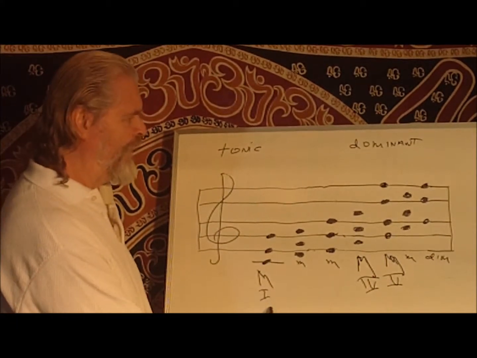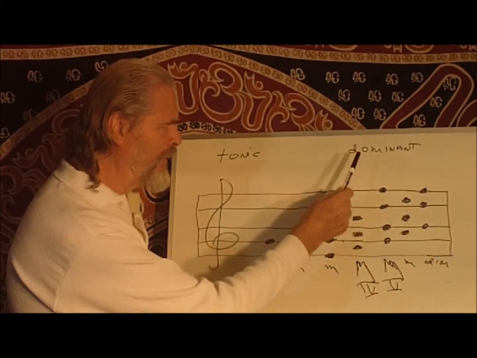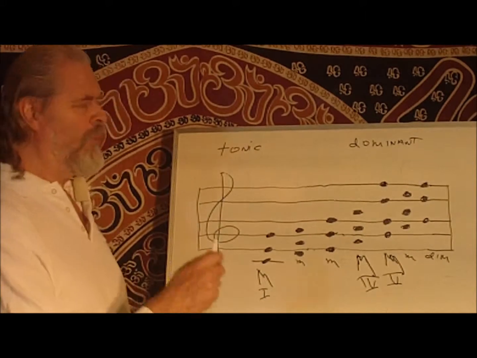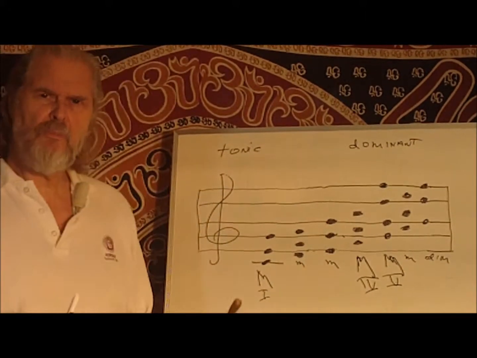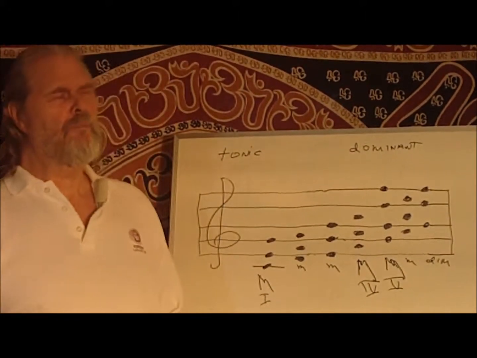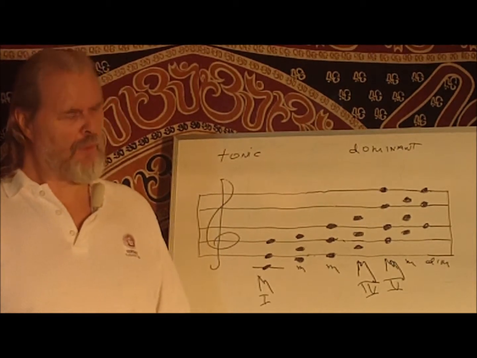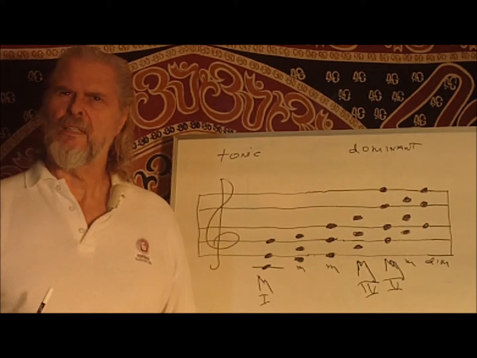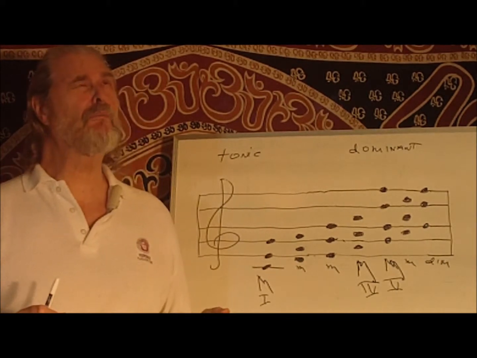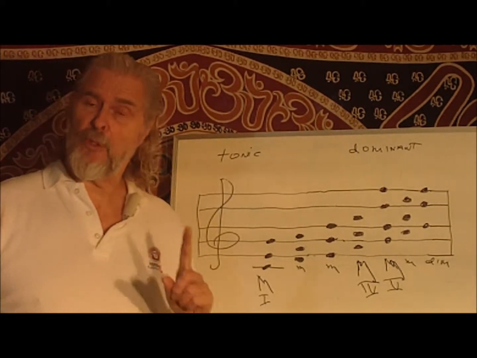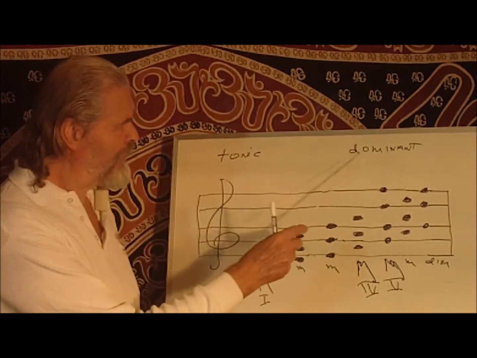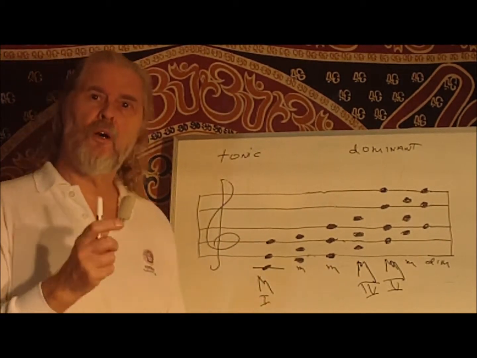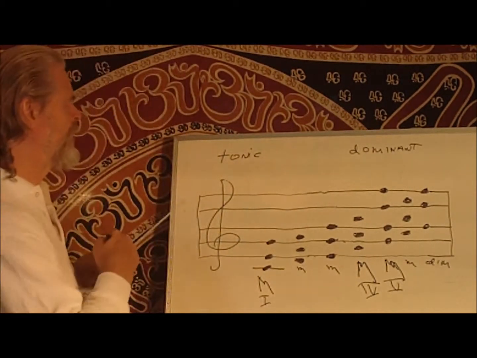Okay, we've got the first, the tonic, and we've got the fifth, which is the dominant. Well, sub means below. Below, like submarine. It's below the marine, the water. What else is sub? Let's see, how about subdominant? It's below the dominant, so we call it subdominant.